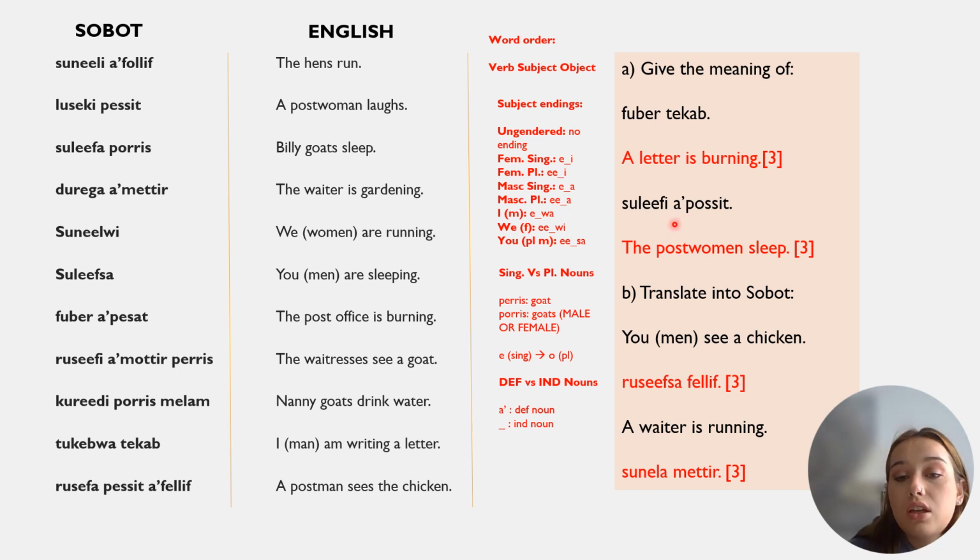And then we look at apposite. What does possit mean? Well, we can look and we find that pessit is a postwoman. And remember we said that if it's an E in the singular, it changes to an O in the plural, like with the goats. So pessit becomes possit, so that means that postwoman becomes postwomen.